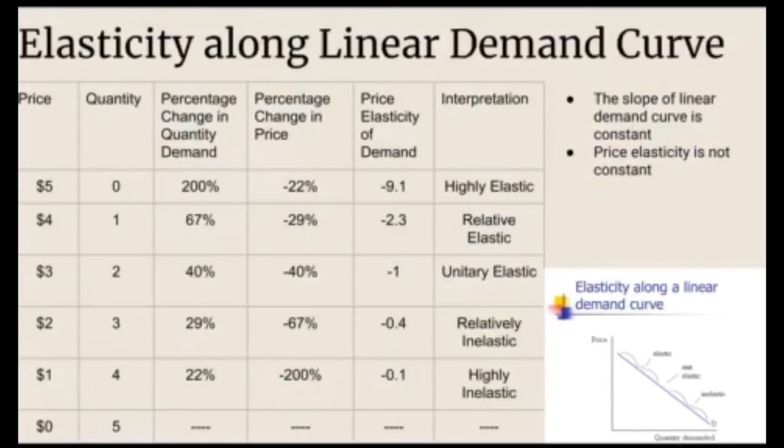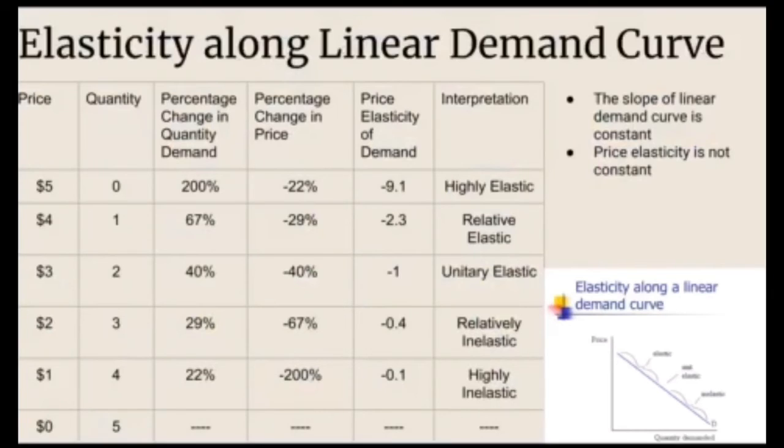But the price elasticity is not constant. We can use the midpoint formula to get the price elasticity, which is the percentage change in quantity demanded divided by the percentage change in price. For two examples: at a price of $5 and quantity of 0, we can use 200% divided by -22%, which is -9.1.